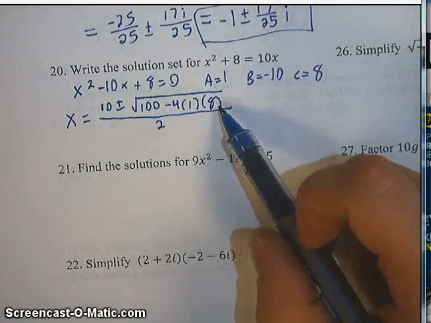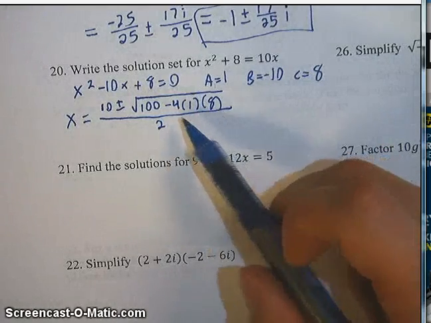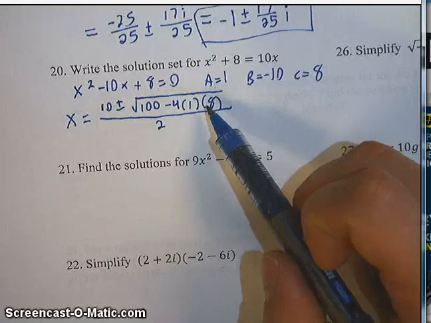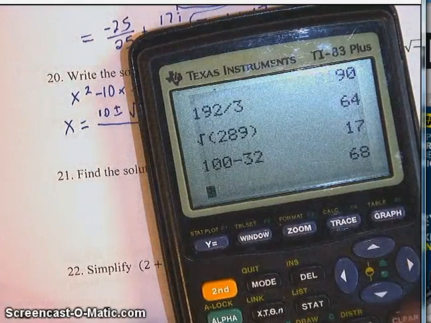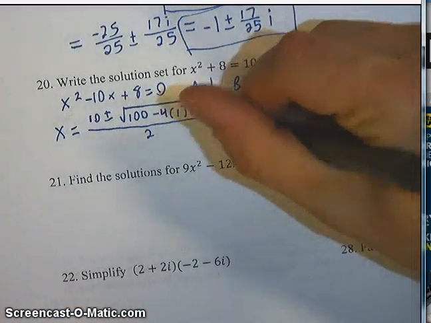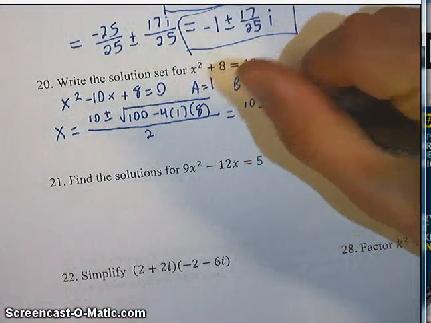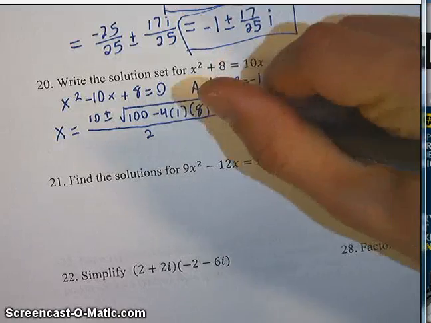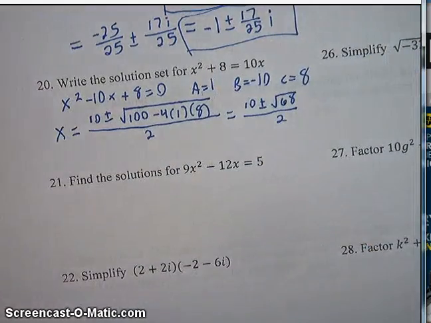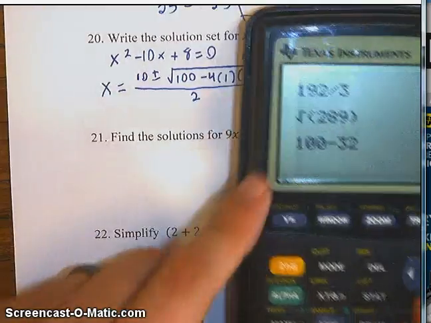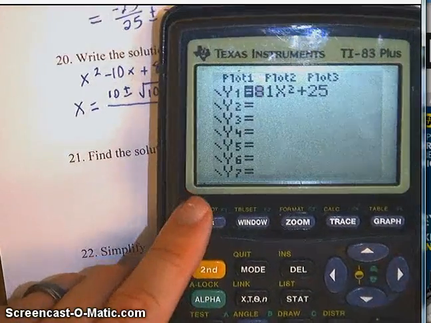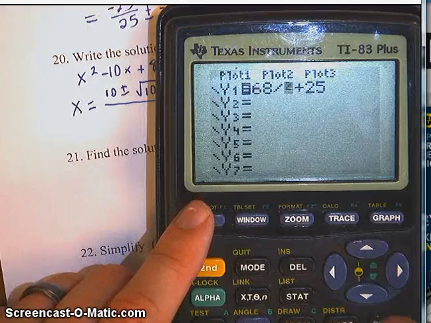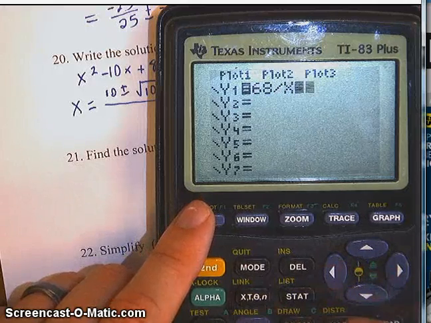4 times 8 is 32. 100 minus 32. Okay, this is the part where we don't want to make mistakes, so we'll just use the calculator, is 68. So this is 10 plus and minus the square root of 68 all over 2. 68, if we're going to reduce that radical, we're going to type that in as 68 divided by x squared.